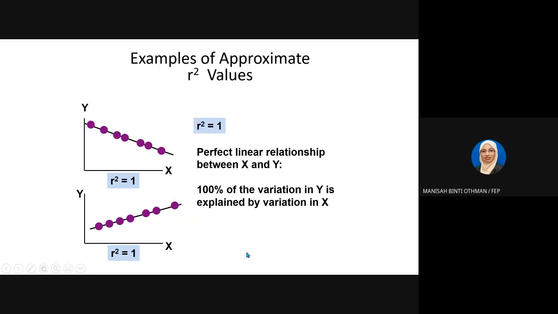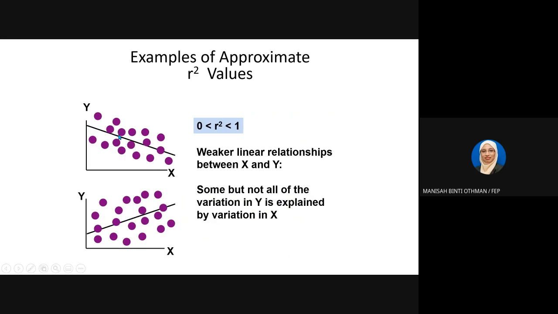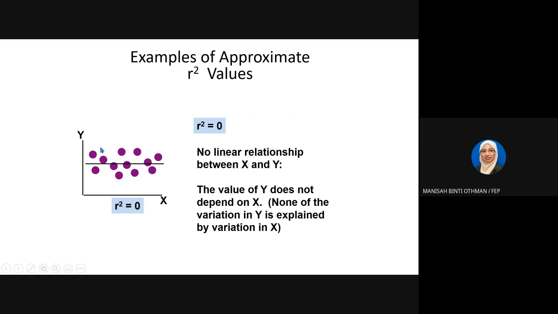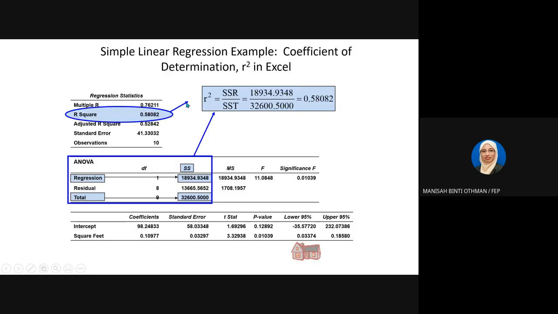Equal to 1 is a perfect relationship; a value near 0 is quite weak, and if R squared equals 0, there is no relationship.